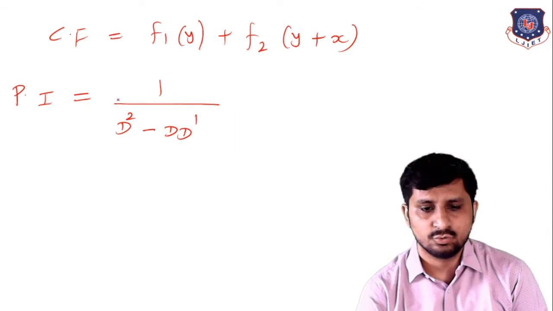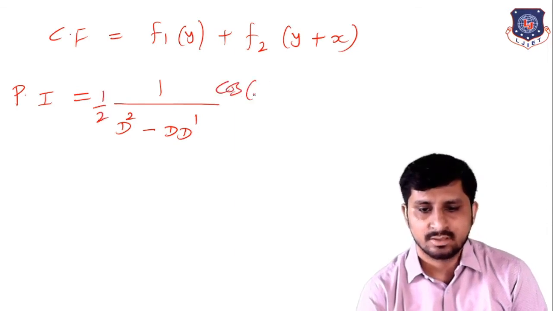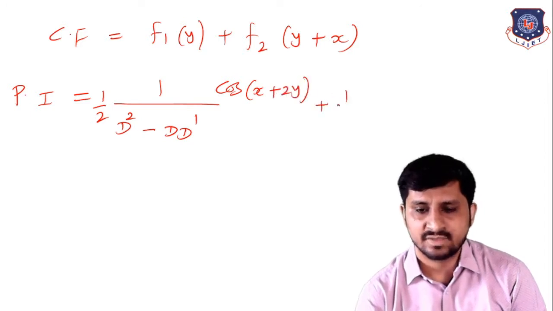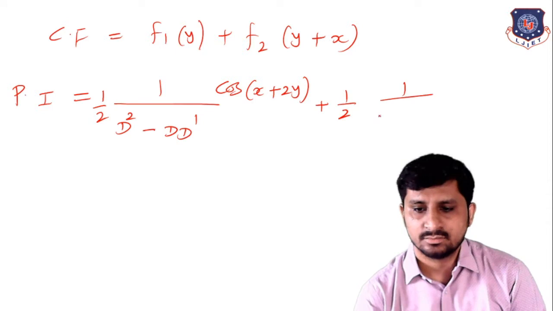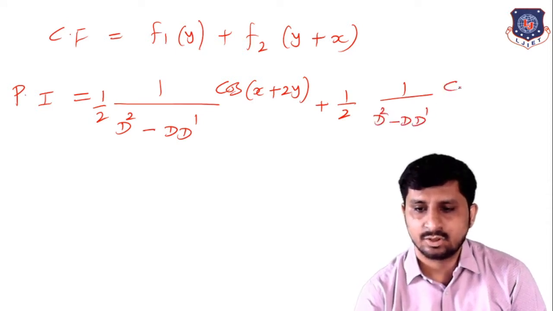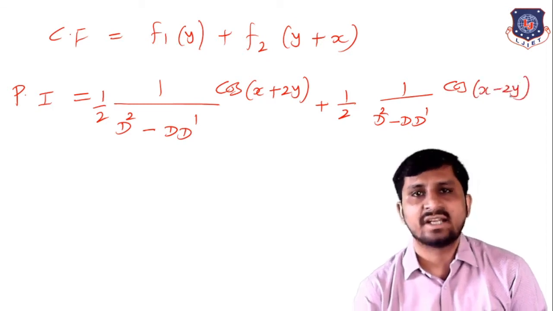We have to operate separately: 1 by 2 times 1 upon (D square minus D D dash) on cos(x + 2y), plus 1 by 2 times 1 upon (D square minus D D dash) on cos(x minus 2y).